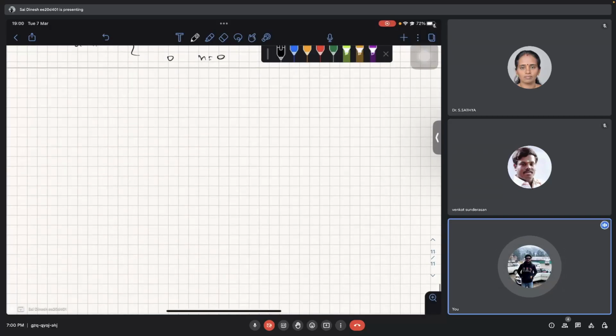So now what we need to solve is the sum over n equal to 1 to infinity of 1 by n square. So let's say we need to find the sum of x square from minus infinity to infinity.